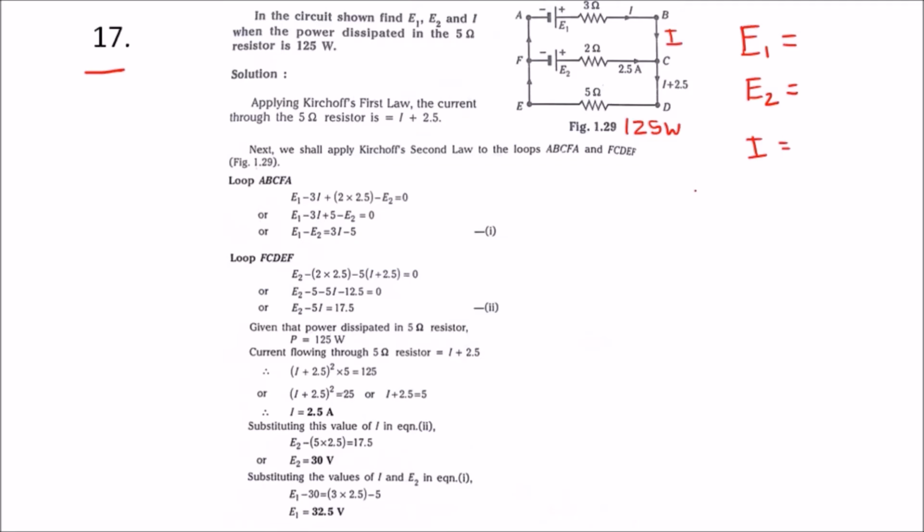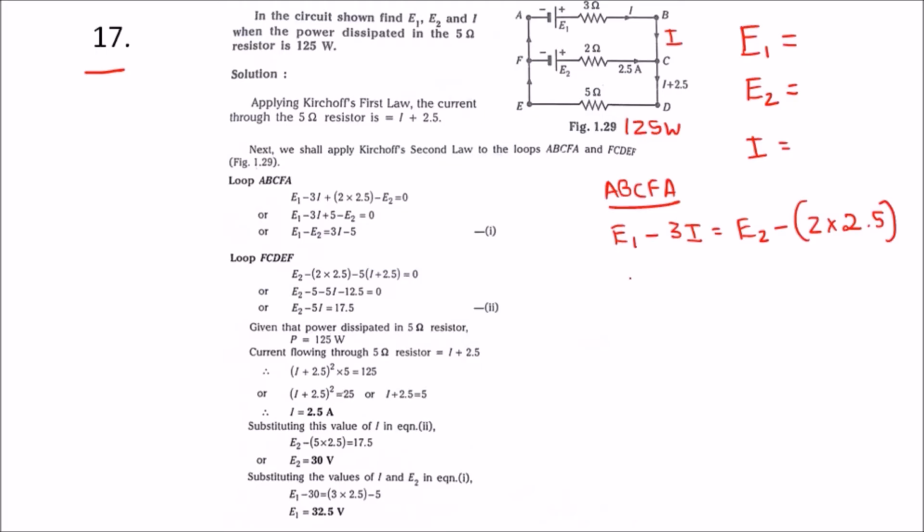Using Kirchhoff's second law, that is voltage law, we will find the E values. First, for the loop A, B, C, F, A, we'll write the loop equation. E1 minus 3I is equal to E2 minus 2 into 2.5.